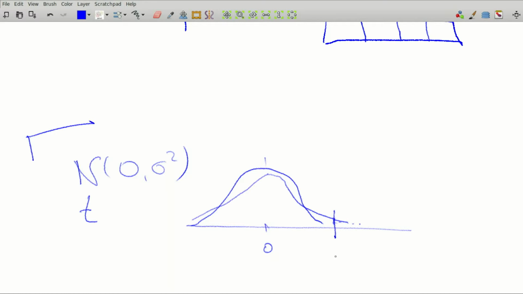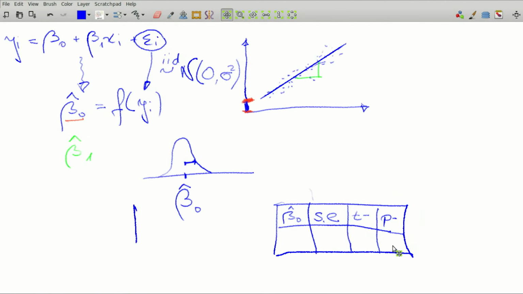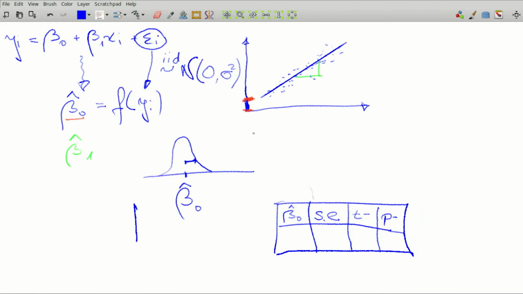But anything larger than 2 or 3 is already very, very large for such a t distribution. So that's why when you do see very large t values, you have accordingly a very, very small p-value. Okay, that is the center table.